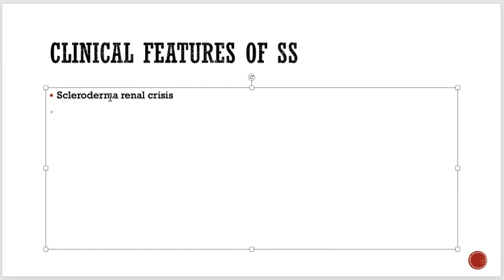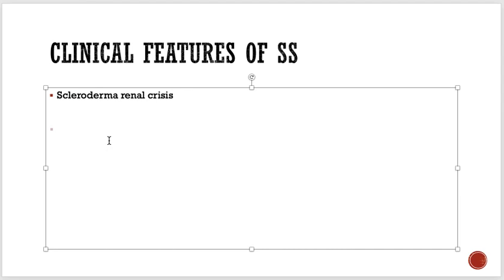Okay, so basically these are the patients who have malignant hypertension with oliguria. And some of the patients get their heart involved as well. Joint involvement is also there, and there is some association with hypothyroidism as well.